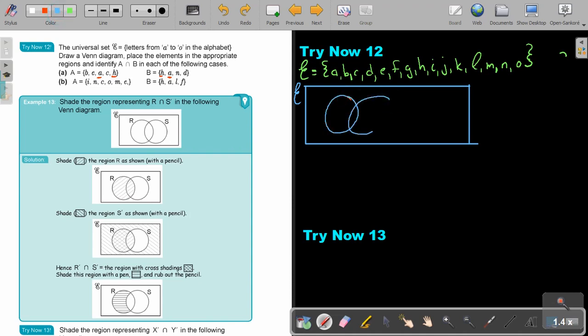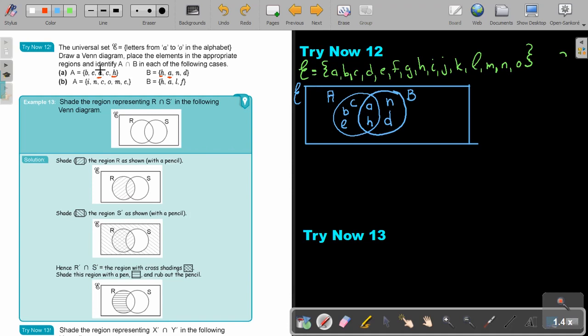A overflows. Okay, it's too small. I'm going to make both bigger. So this is A and this is B, and I'm going to put A and H in the overlap. And then I'm going to put here the rest, B, E, and C, and the rest, N and D. But now, it's very important that I see the rest that must be outside.